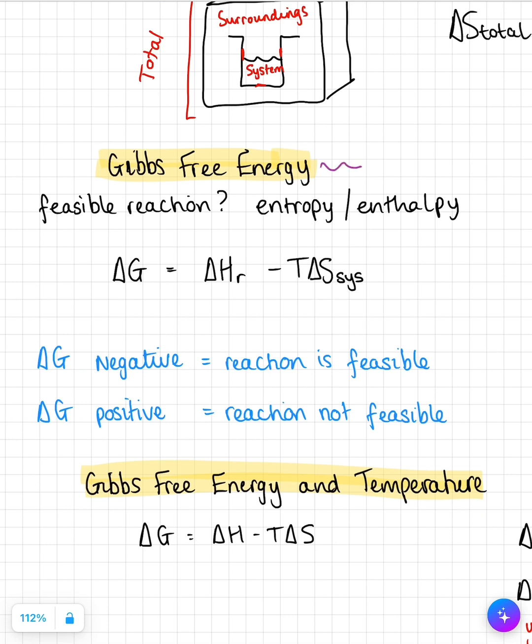Now Gibbs free energy is anything that is left over, so any energy that is not talking about the enthalpy or the entropy within the system or the entropy within the surroundings. Anything that is left over after carrying out the reaction is what Gibbs free energy is.